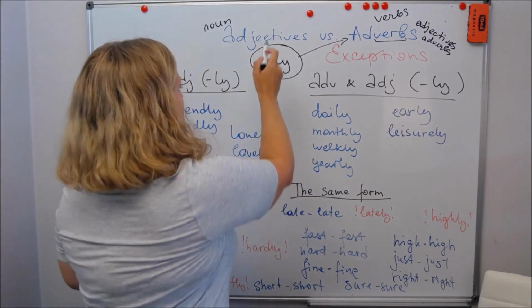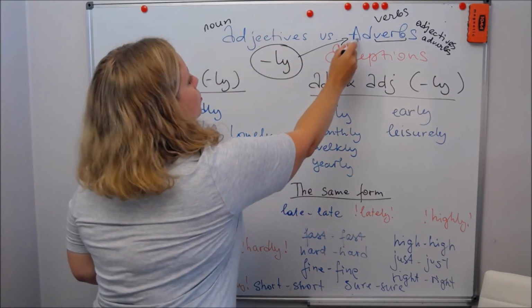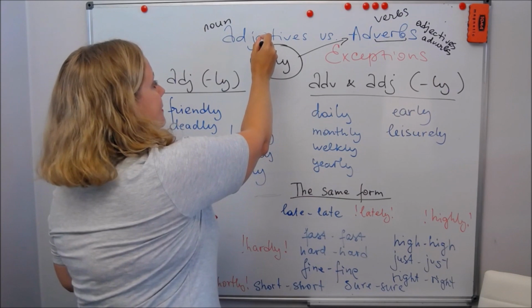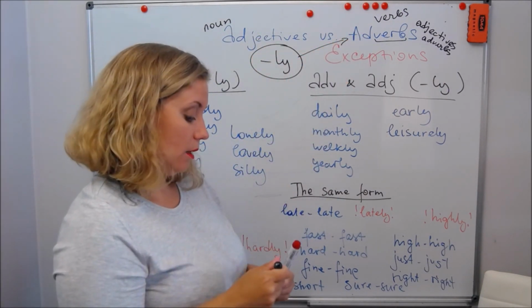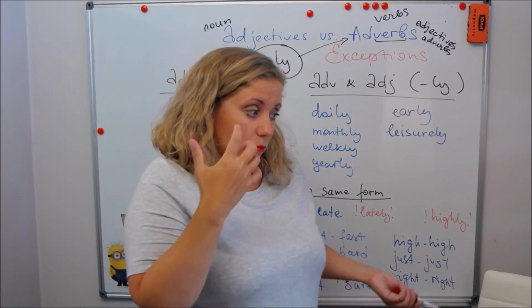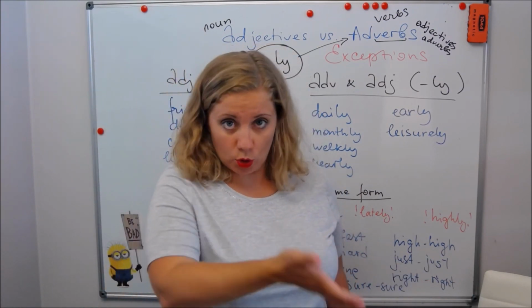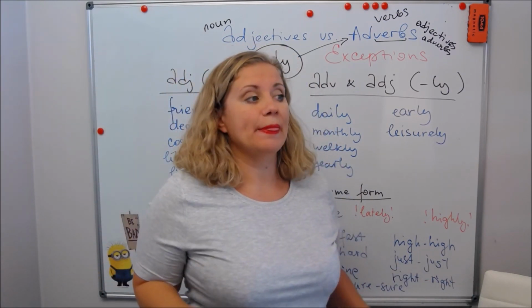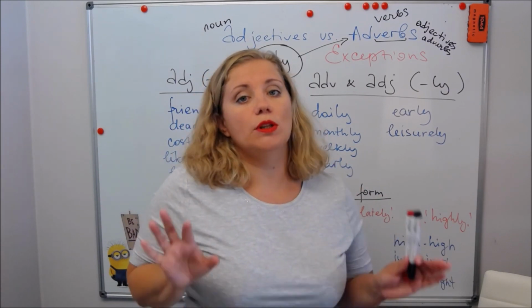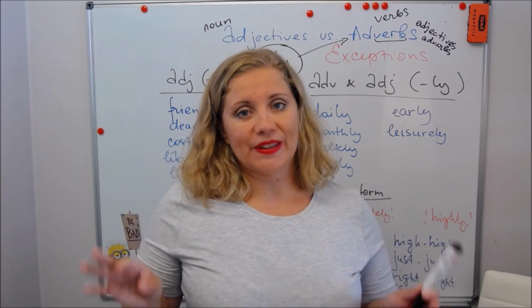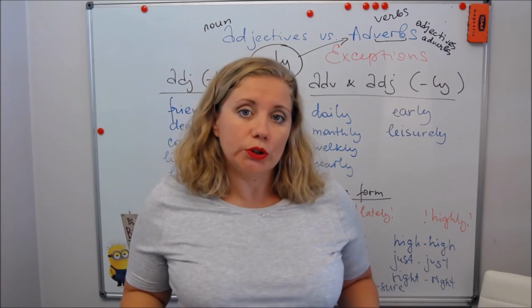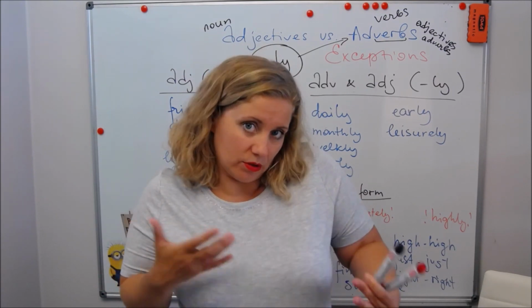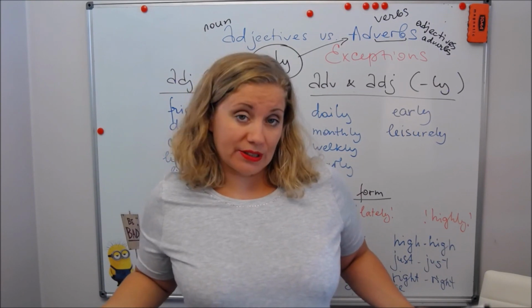So you have beautiful, beautifully. You have easy, easily, and so on and so on. And usually, it's not a problem in many languages. But there are some irregular forms of adverbs, and you need to remember them because they will be used in an unusual way, because they are exceptions.